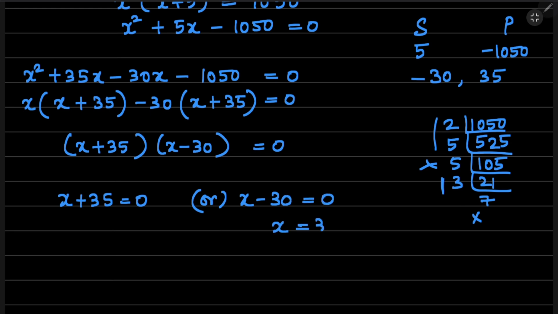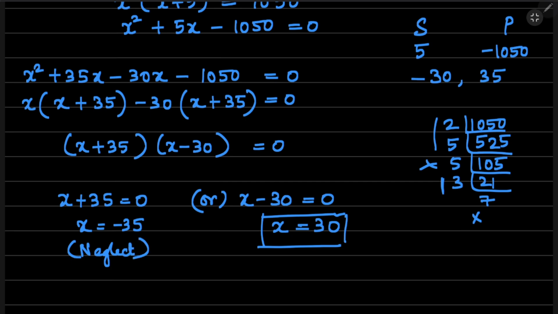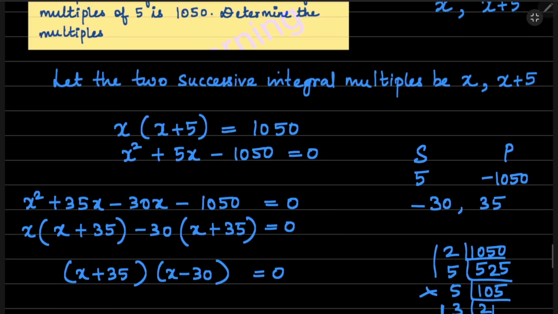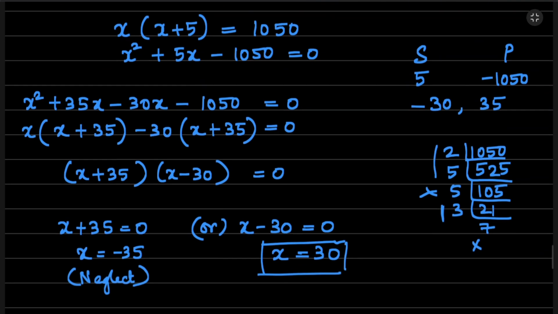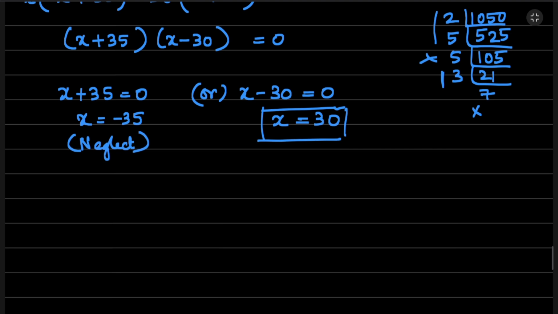So which means x is equal to 30 is one of the positive number, and here you have x equal to minus 35. So we will neglect this. Okay, this is neglected. And x equal to 30 is the number. So if x is the first number, if it is 30, what would be the next multiple? X plus 5 means 30 plus 5.